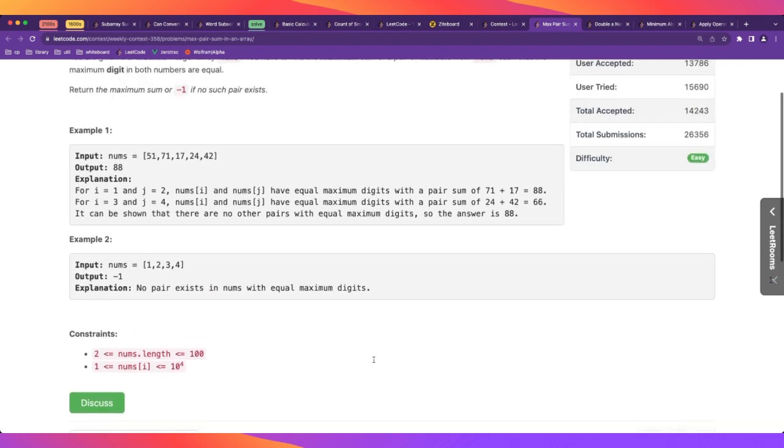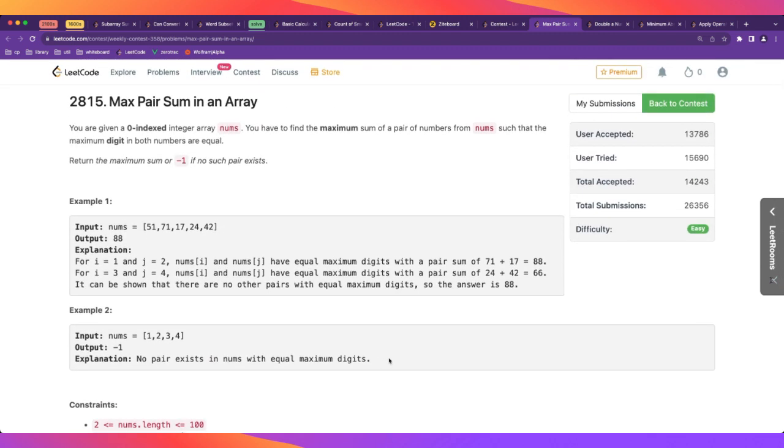We can enumerate all the pairs, check for the condition, and then maximize the sum. And that should be good enough. Remember always, when you are deciding what algorithm to use, you don't have to choose the most efficient algorithm. You have to choose the simplest algorithm, the quickest to implement, that is good enough for the constraints of the problem.